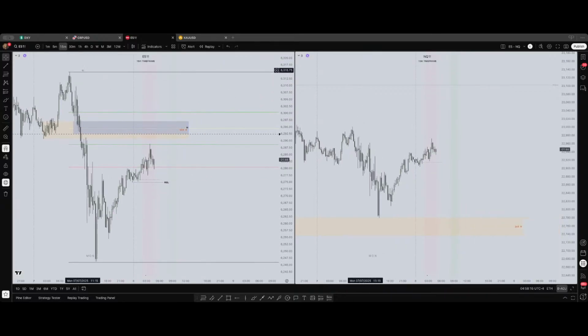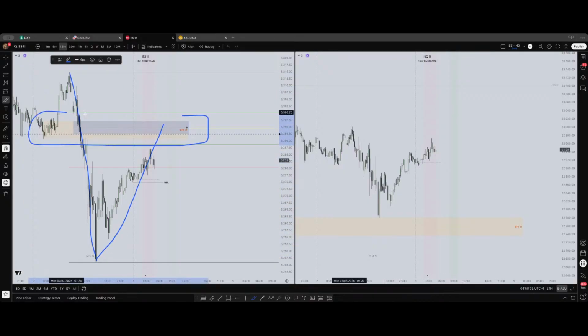Remember, after this long range drop, price retraced. So I'm waiting for this area, which is very interesting because we have an hourly fair value gap, we have a breaker, and we have the optimal trade entry. So we have three confluences.